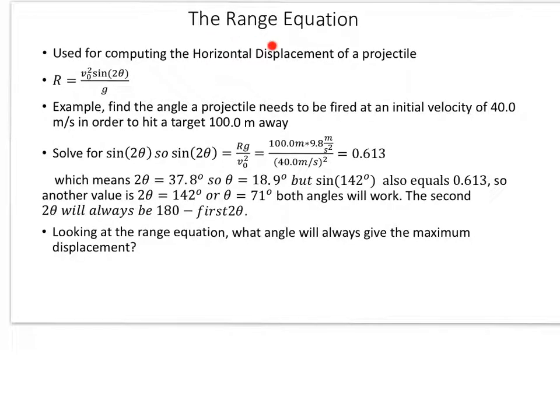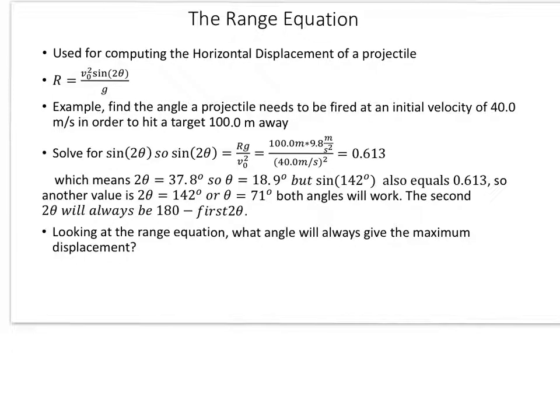Now the last thing is this range equation. The range equation is used strictly for computing a horizontal displacement for the projectile. For example, in this previous problem that we did, you could have used this formula to calculate the range of the projectile, and you'd get the same answer as we got in that previous slide.